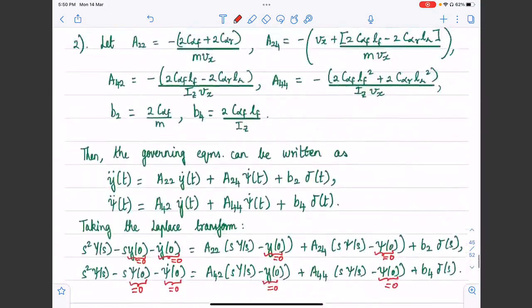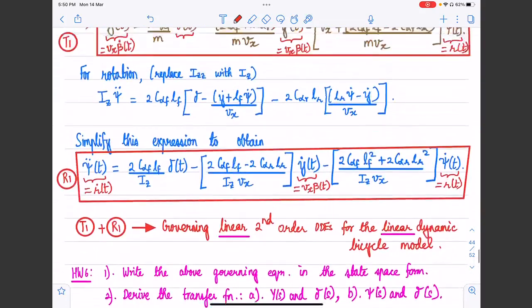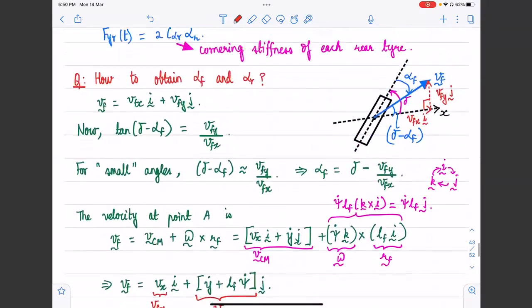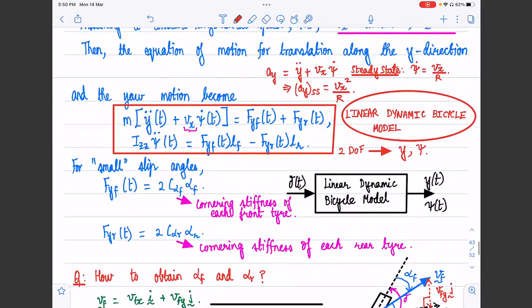So let me go to this governing equation. Yeah, so let's go here. We call this the linear dynamic bicycle model. Why did we call it linear? Because the moment Vx is constant, you can see that these equations are linear in y double dot, psi dot, FyF, FyR, psi double dot, and all those are the terms which are dependent on time.